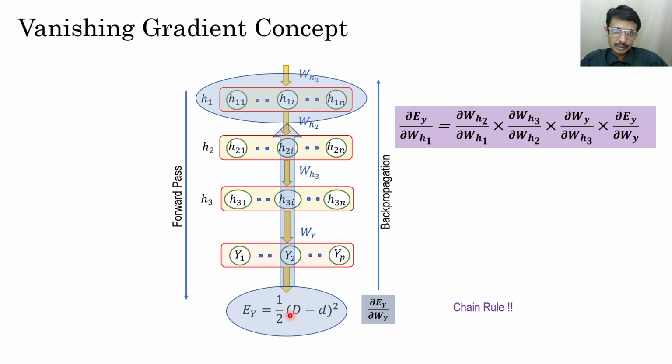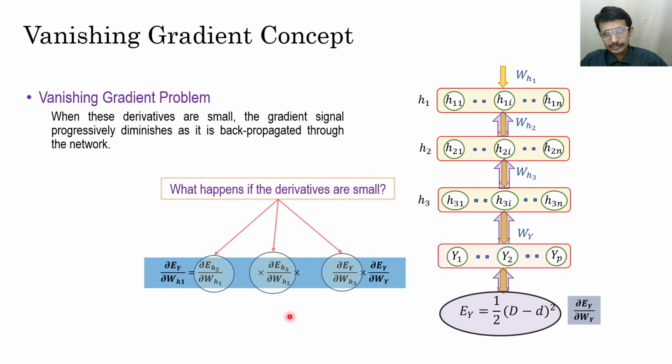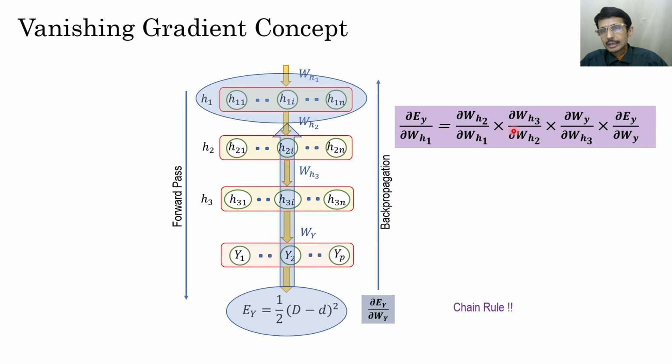Now what happens? The vanishing gradient problem appears when the derivatives are small. Here it is only 4 layers, so it looks like only 4 multiplications. If it were a 40-layer network, there would be 40 multiplications.